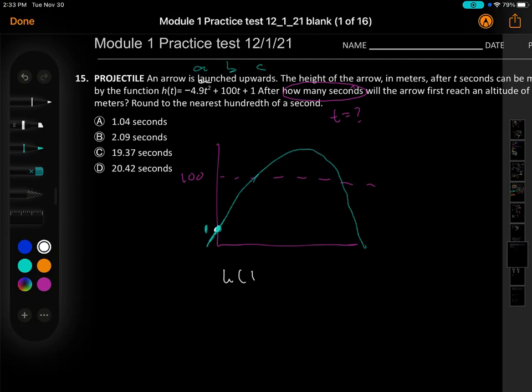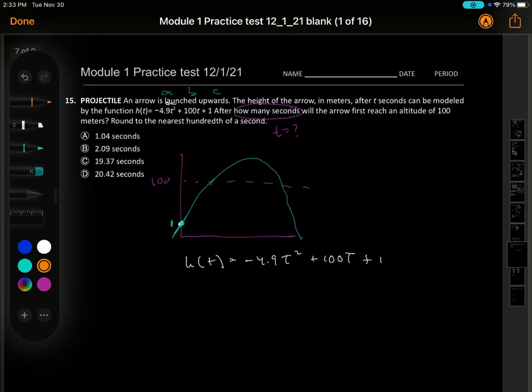So h of t, okay, I'm going to change my t's to capitals so I don't get confused with my plus signs. And then the height that I want is 100. And everything else is the same.